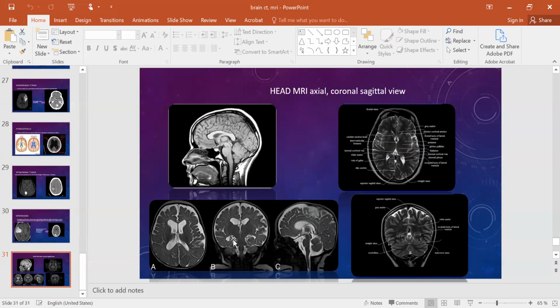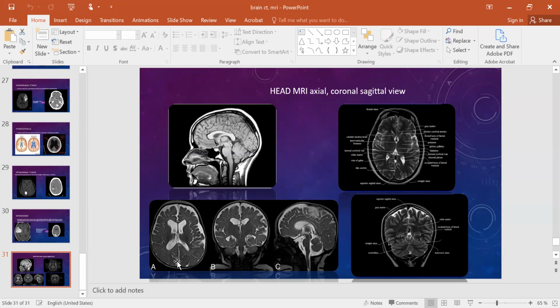Here all of these images are MRI of the brain: sagittal view, axial view, coronal, again sagittal, coronal, and axial view. So in T1 and FLAIR, we have different sequences in MRI.